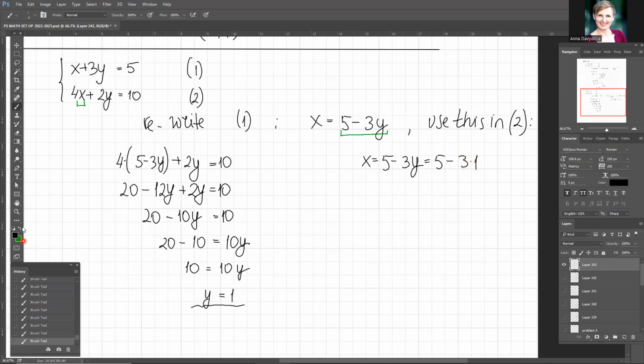3 times 1 is 3, so 5 minus 3 is 2. x is equal to 2. So when I write the answer in the form of x, y, I know I found y first. It doesn't mean that it will be first. x will still be first. 2, 1.